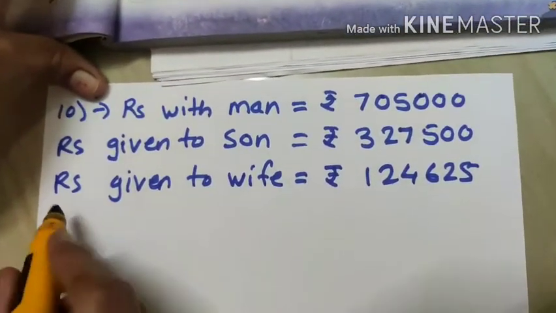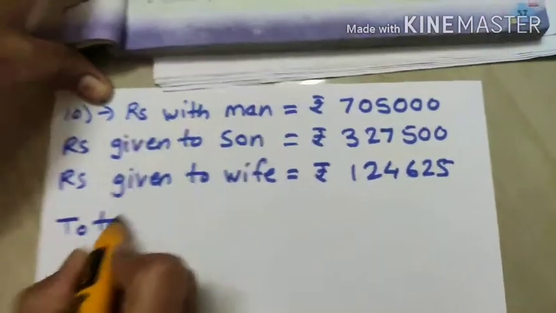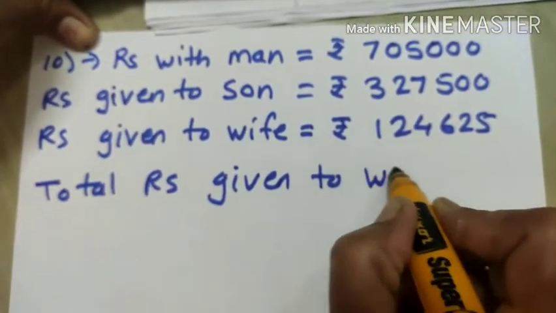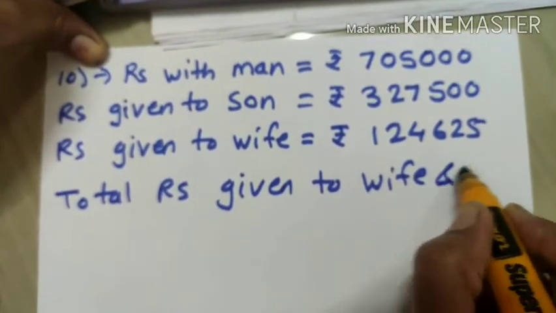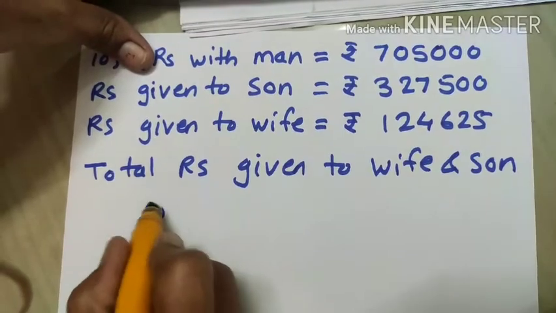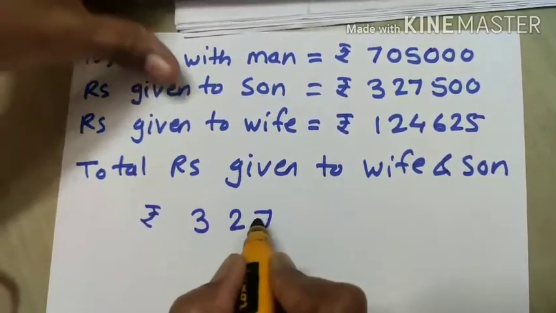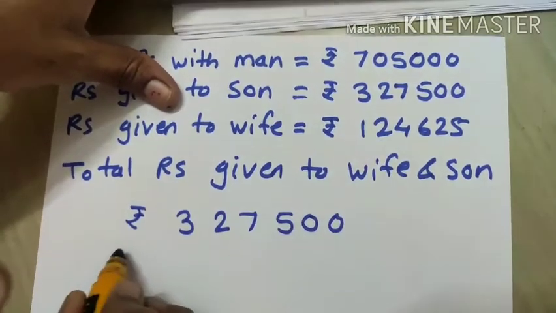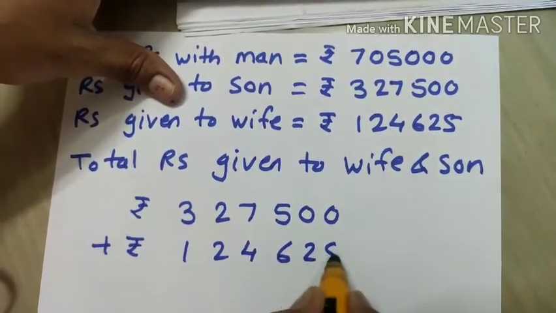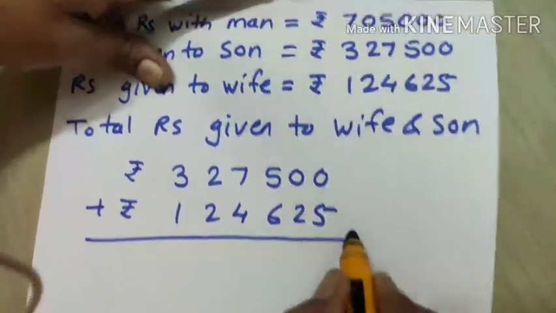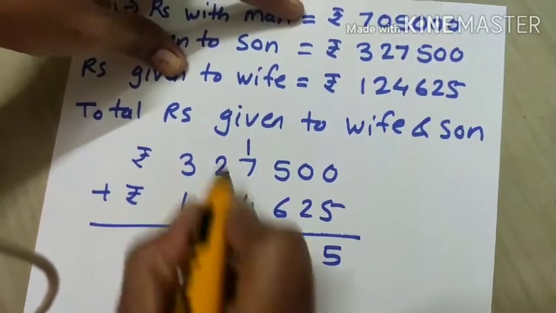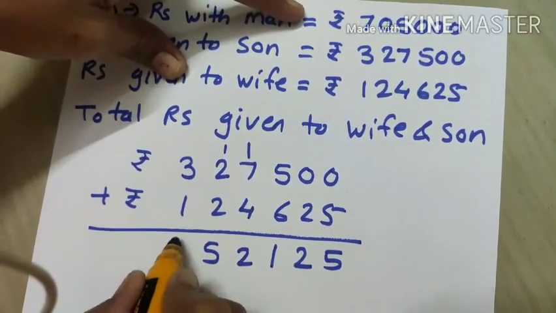So first you have to find out total rupees given to wife and son. So add these two numbers. Five, 2, 11, 8 plus 4, 12, 5, and here 4.